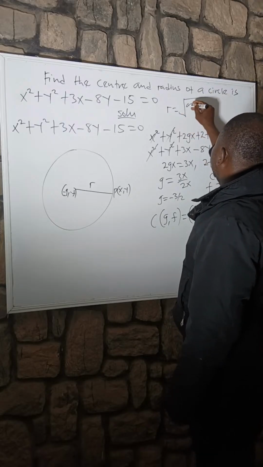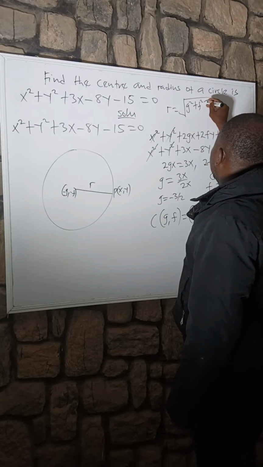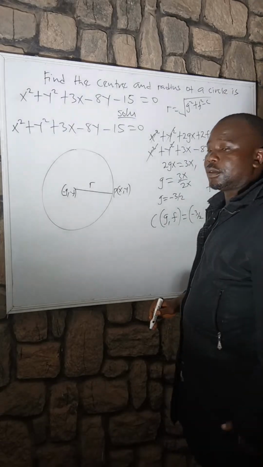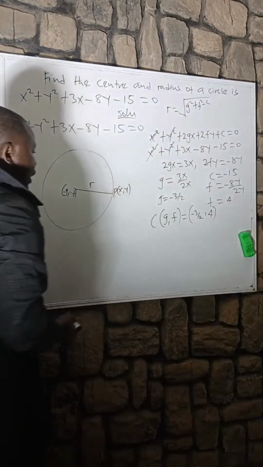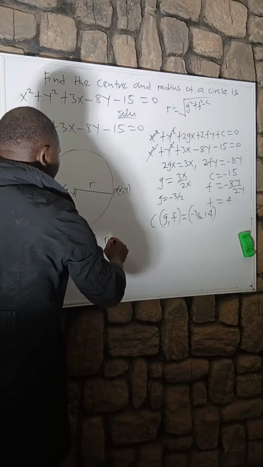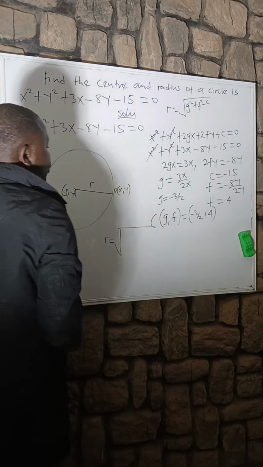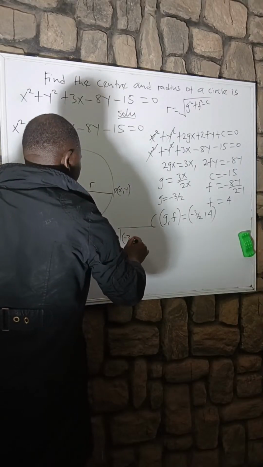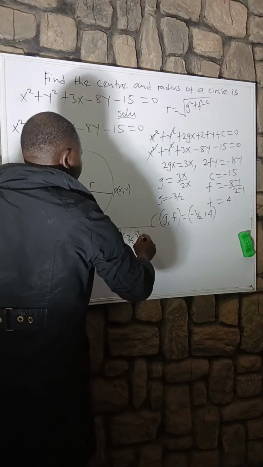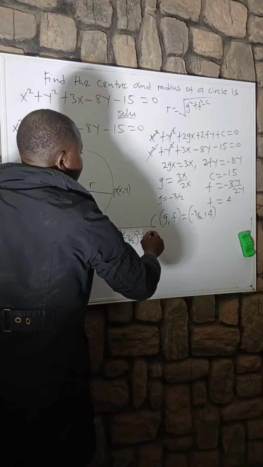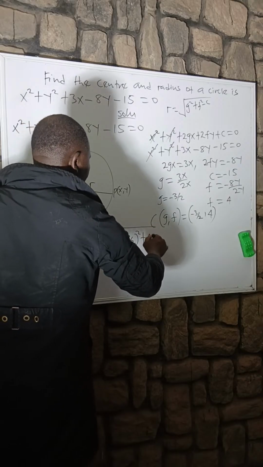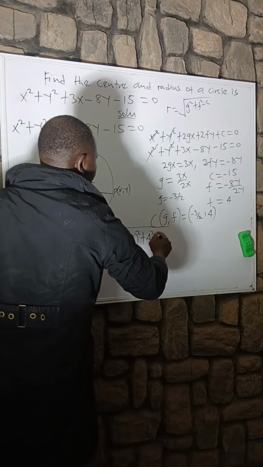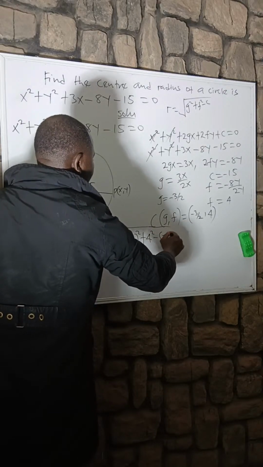Square root of g squared plus f squared minus c. So r is equal to the square root of our g, minus 3 all over 2, squared, plus our f, 4, squared, minus c, open bracket minus 15.